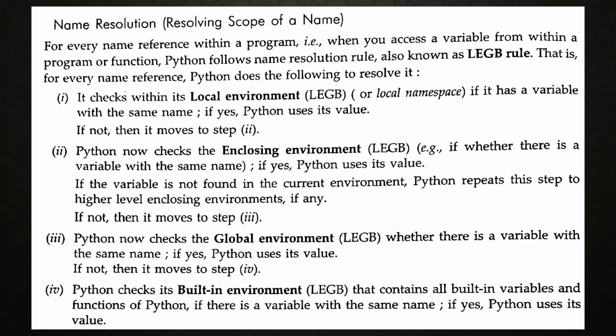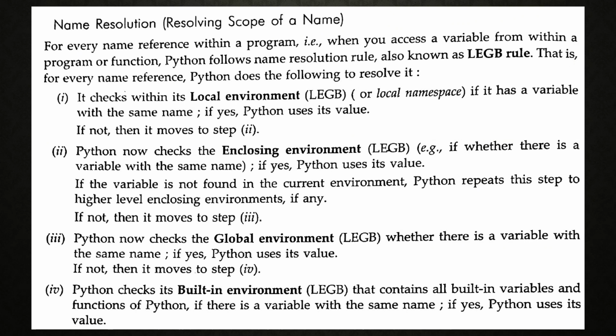For every name reference within a program, when you access a variable from within a program or function, Python follows a name resolution rule, also known as the LEGB rule.